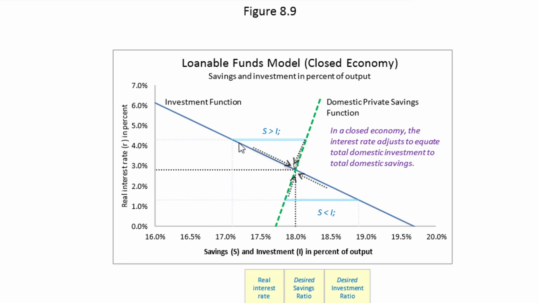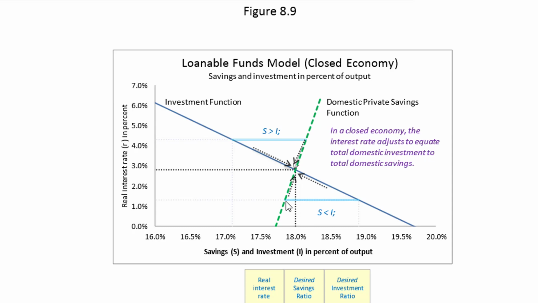As that happened, more and more firms would come into the market for loanable funds, more projects would come online, and the quantity of investment would increase. Simultaneously, you would see some decrease in the quantity of savings as the interest rate falls, until finally you reach this equilibrium.